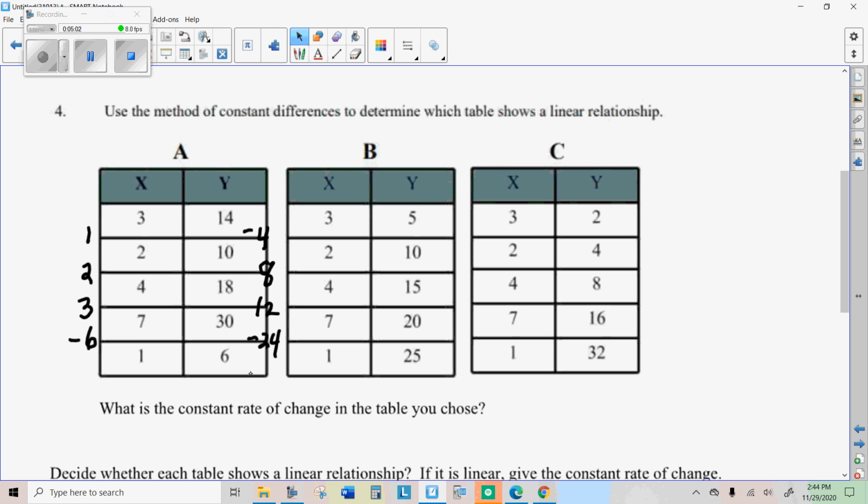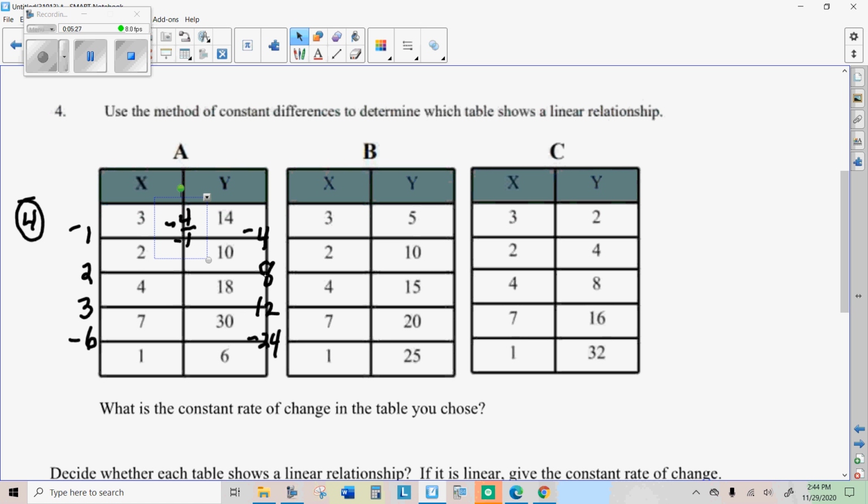Okay, now I'm going to divide those. So I have negative 4 over 1, which is negative 4. I have, actually that should be a negative 1, shouldn't it? 2 minus 3. So that'd be a positive 4. I'll just put a note over there. Here's my slopes between each of the sets of points.